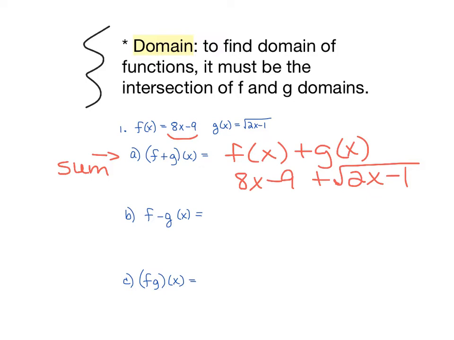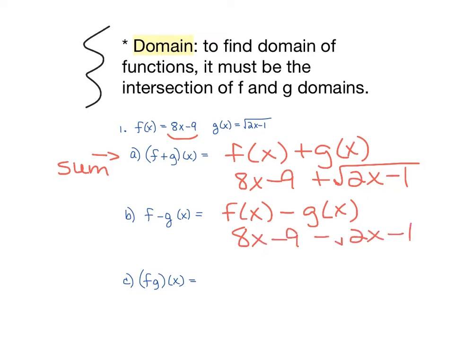I'm going to do the same thing on the subtraction of the two functions. Again, by definition, it's the f of x function minus the g of x. So 8x minus 9, and then I'm going to subtract the g of x function, and I'm done. The difference, when it's a subtraction sign. Here I'm going to find the product.